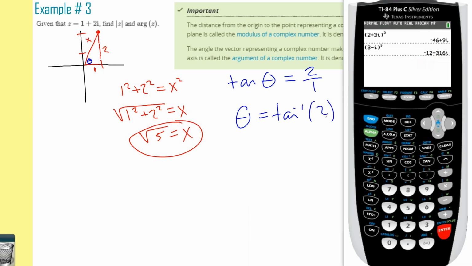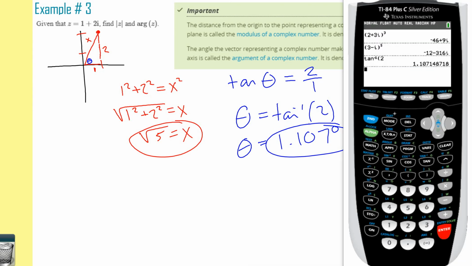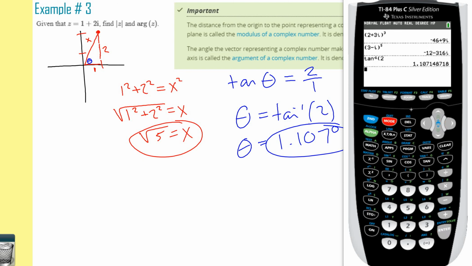And then I would just get out my calculator, we do inverse tangent, so second tan, also called arctangent, is 1.107. 1.107 is theta. Now we usually represent it in degrees. Okay, so you want to make sure, oh, was I in degrees? Check your mode. I was not. I was in radians, so my answer would have been wrong. So we hit enter, and we're going to try that again.